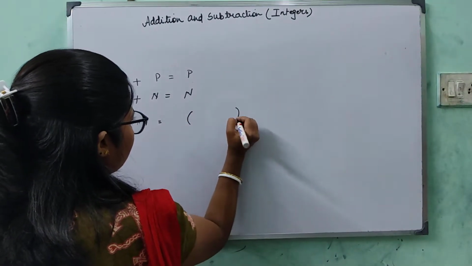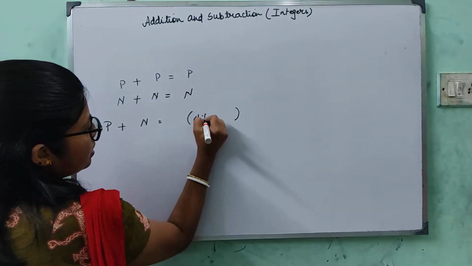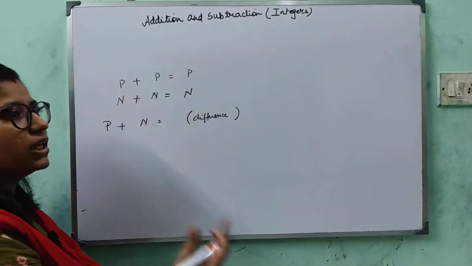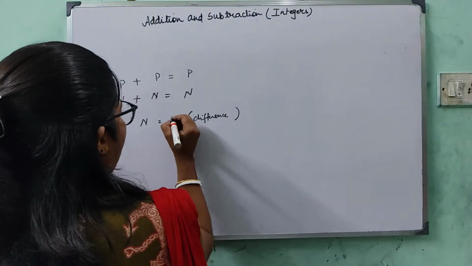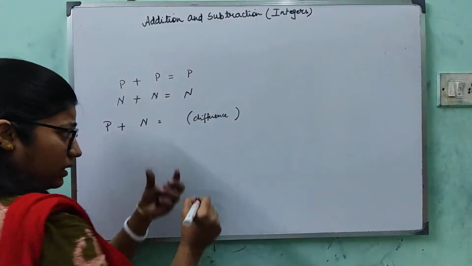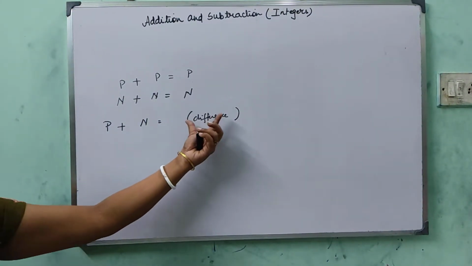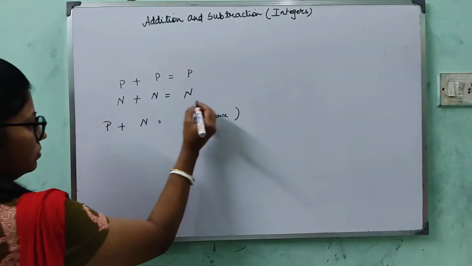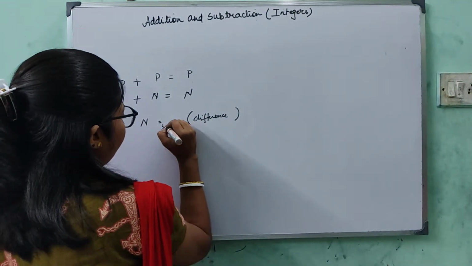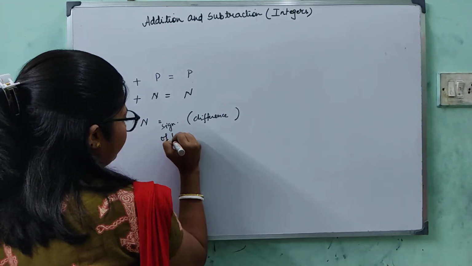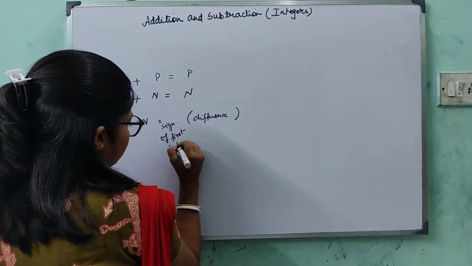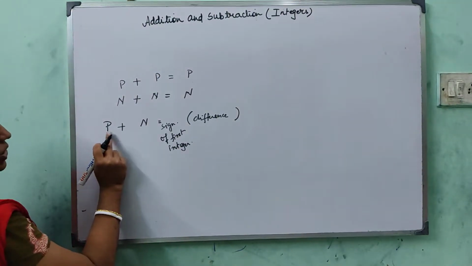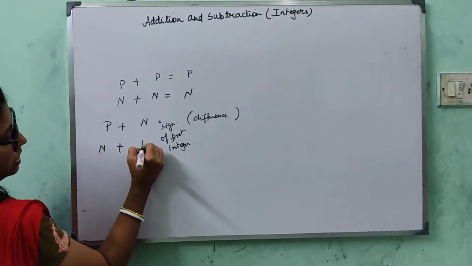We will find out the difference of the two numbers without thinking of the sign. We find out the difference, and here the sign will be what? In that particular difference which we did, what was the sign of the first integer? So here I am writing: sign of first integer, a trick to remember. This can be a positive integer plus a negative integer, or a negative integer plus a positive integer, vice versa.